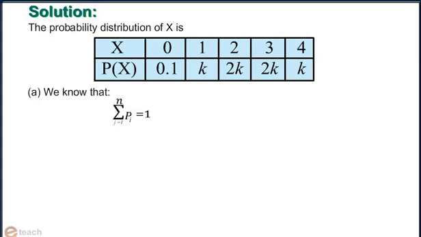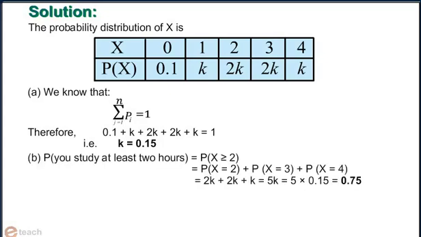A: we know that the summation of Pi from i equals 1 to n is equal to 1. Therefore, 0.1 plus k plus 2k plus 2k plus k equals 1. Therefore, k is 0.15. B: the probability that you study at least 2 hours is the probability of X greater than or equal to 2.